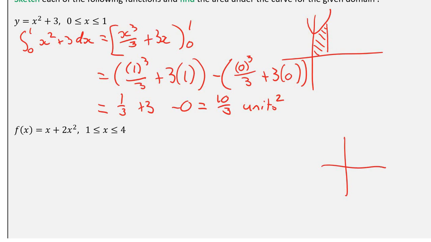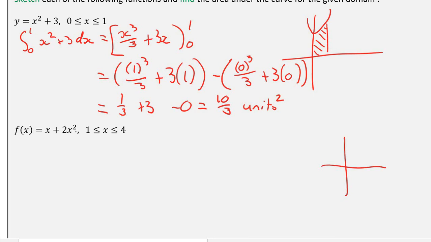Your bounds are not very good there. Because our x values are from 1 to 4, maybe go 0 to 5. It should look more or less like a regular quadratic, but because it's got the plus x, it'll be going up even steeper than normal, would be my guess. So you've got x plus 2x squared.